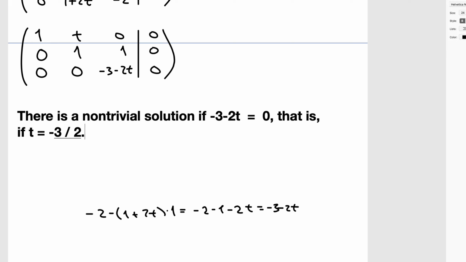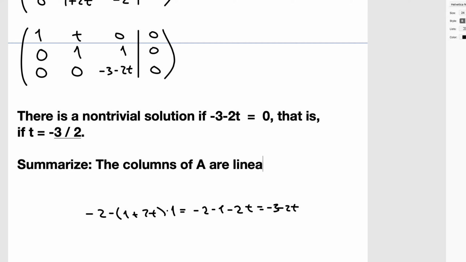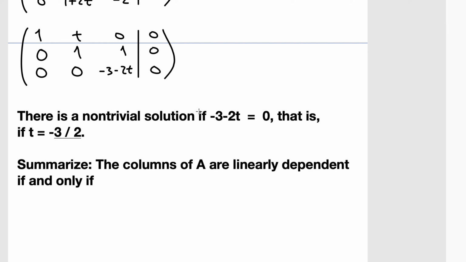So let's summarize. So the columns of A are linearly dependent if and only if t is either equal to 0 or negative 3 over 2.